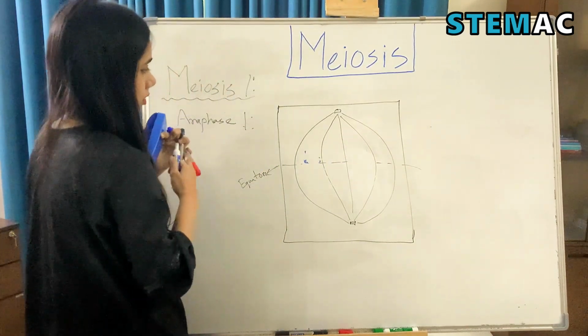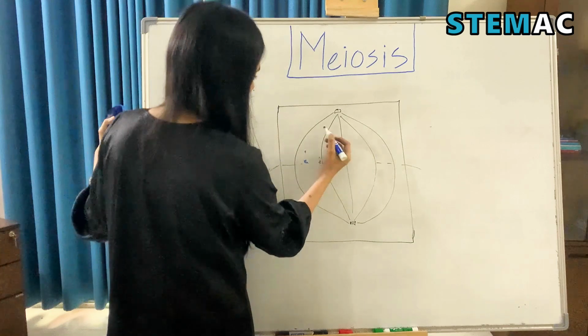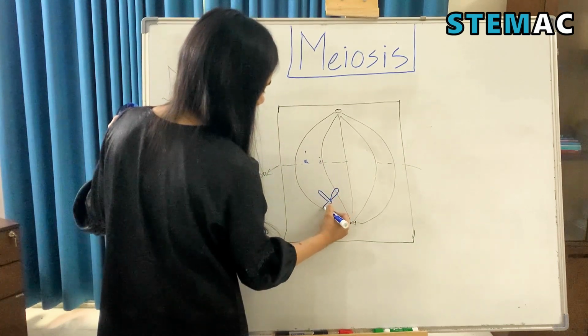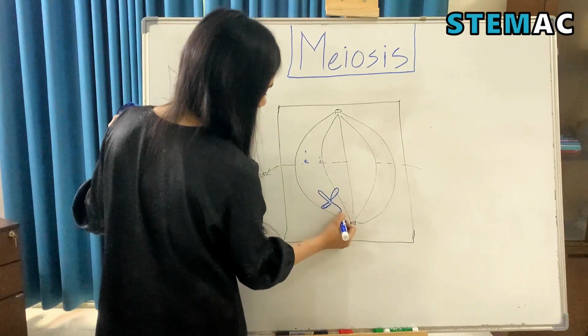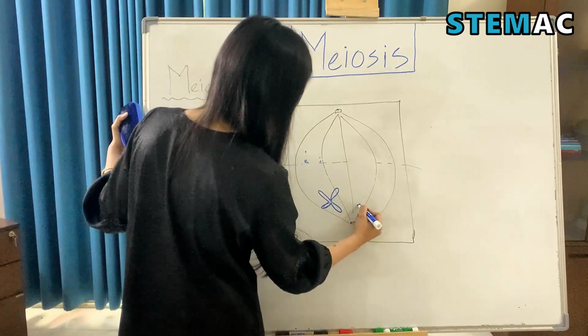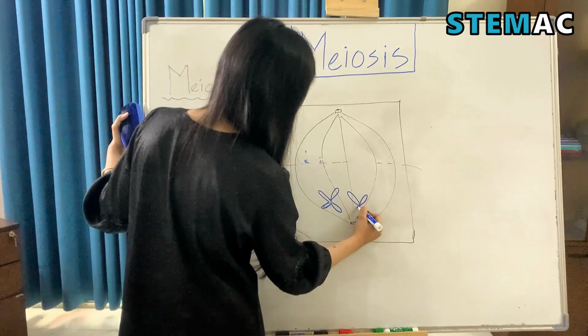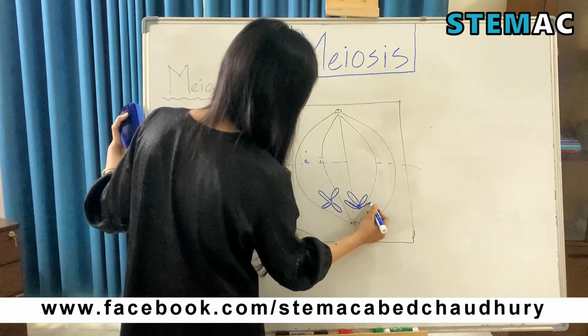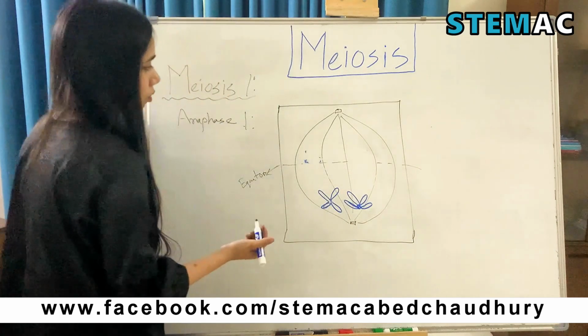So here the chromosomes will move to two different poles.